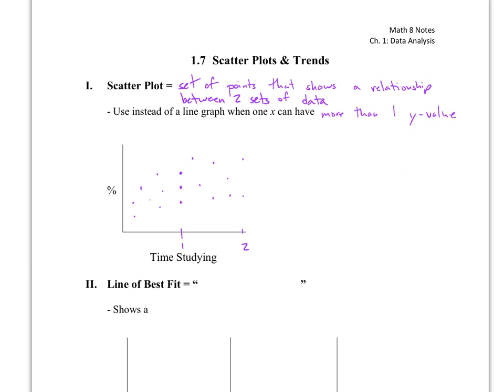Molly can study for an hour, Eric can study for an hour, and Elise can study for an hour, and they all 3 could get different percentages. These dots are not always in a straight line. In fact, often they're not in any sort of line at all.